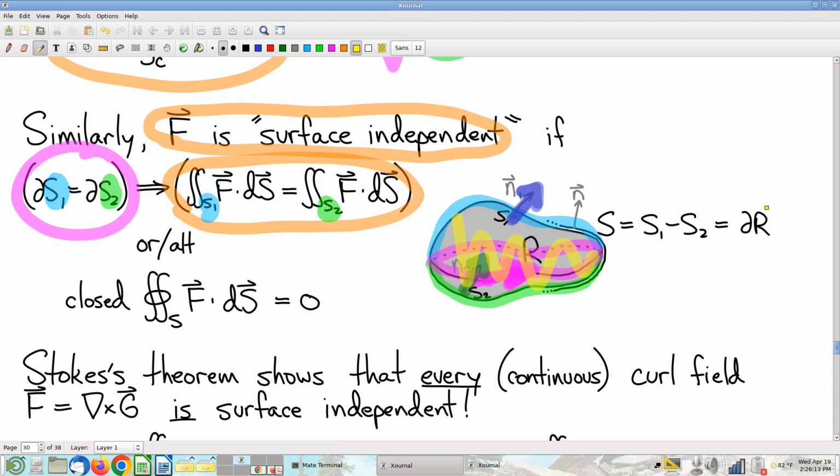As part of that boundary of R, one of them gets a plus, one of them gets a minus, and then a rephrase that we can make of surface independence is that the closed flux is 0. Everybody all right?